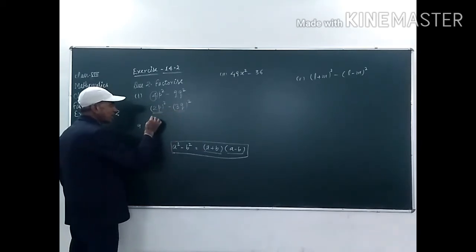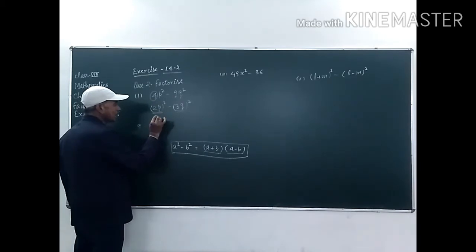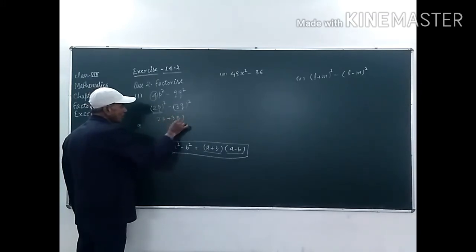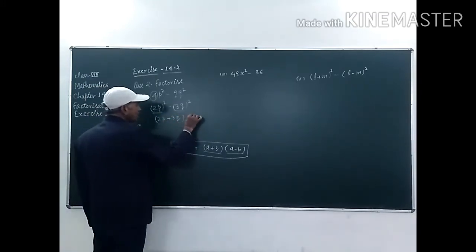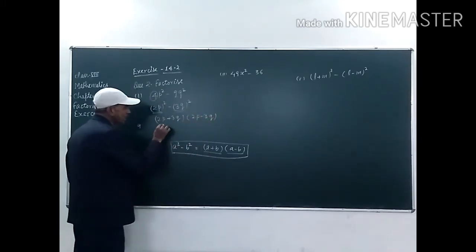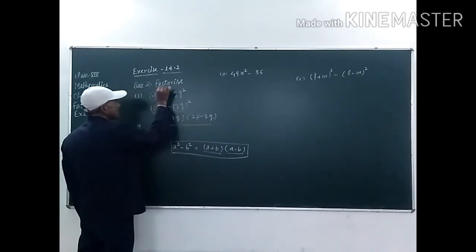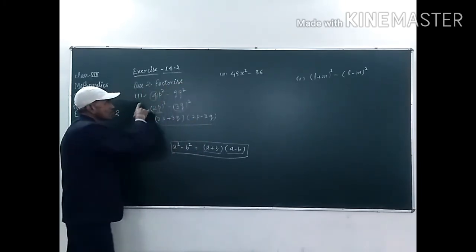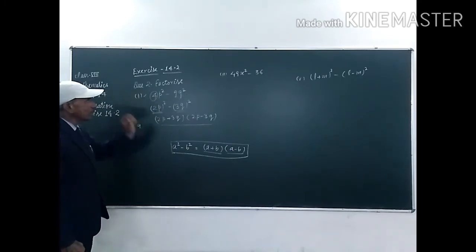So, we can write this like a plus b, that is 2p plus 3q in one bracket and 2p minus 3q in another bracket, and this is the answer of this question, student. This one is the first part of question number second.